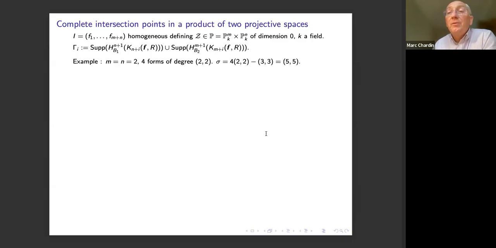So this sigma will be 4 times (2,2), that is (2,2) added 4 times, minus (3,3). That will be the same invariant, okay? Sum of the degrees plus the a-invariant, the shift that corresponds to passing from the ring to its canonical module. Okay, so this will be (5,5).